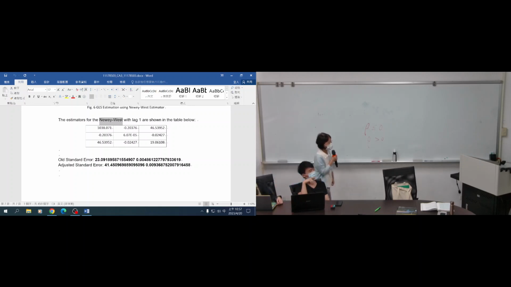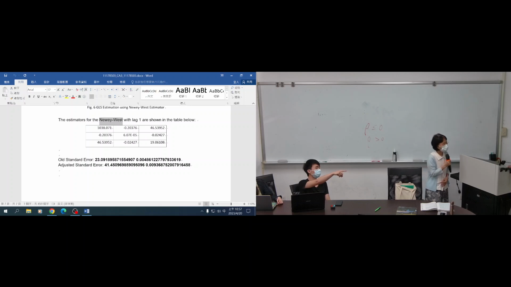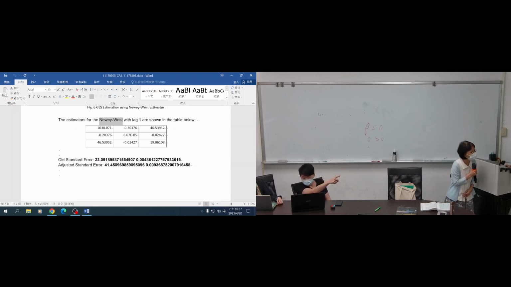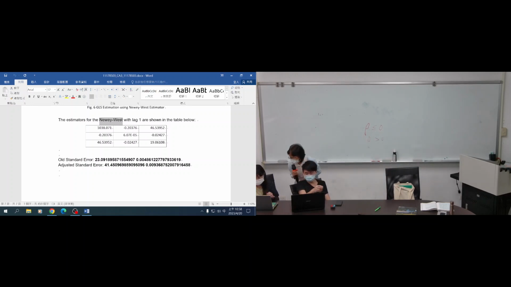One for the intercept, one for the... The first one is the constant, and the second one for the DPI. The second one, where is it? 4.72. There's no 4.72, but there is the DPI, just DPI and the constant. The result of the standard error.